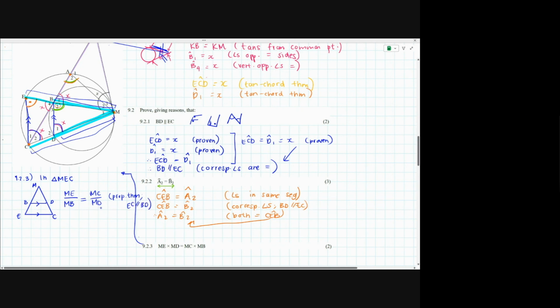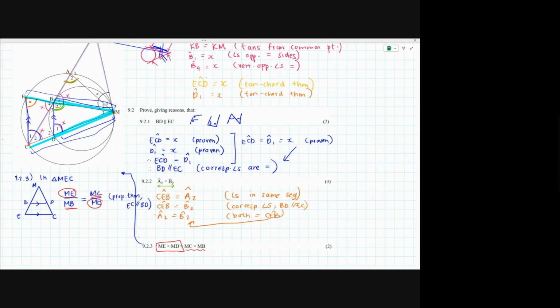Okay, now once you've got your ratio, it is quite literally a case of manipulation. Whenever you get these sorts of product questions, sometimes there's a squared in it or anything like that, it is manipulation. Now, we want the ME and the MD to be together. We also then want MC and MB to be together.